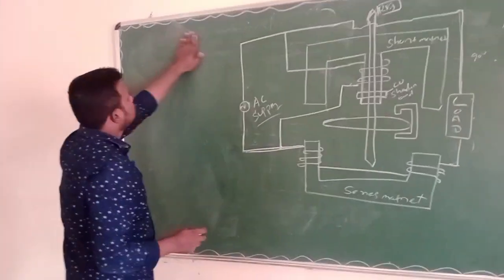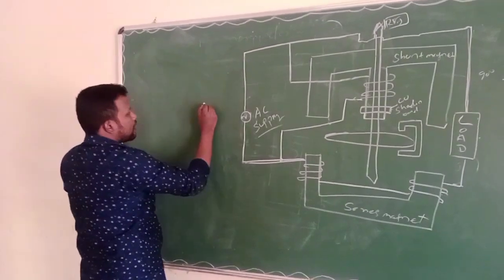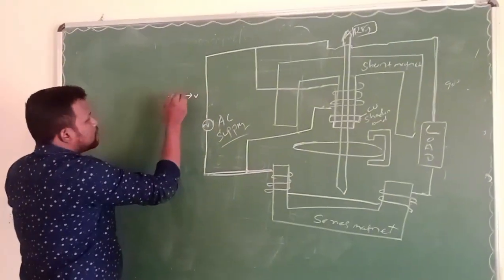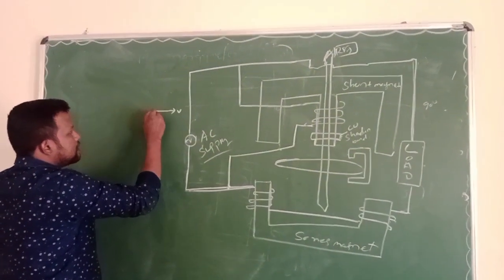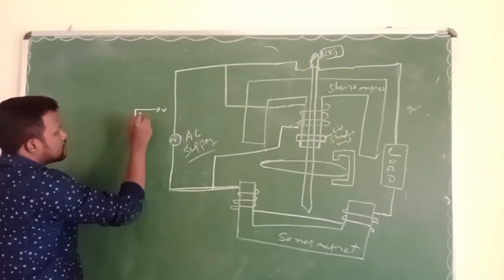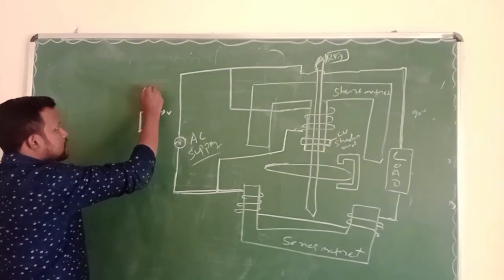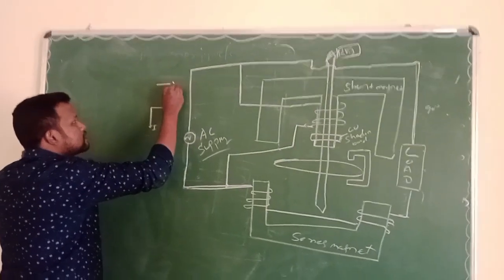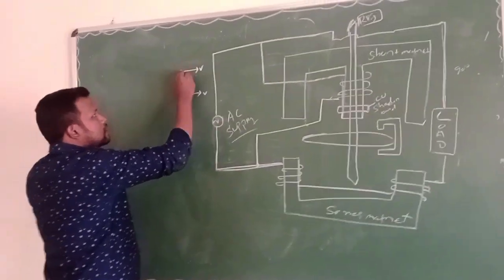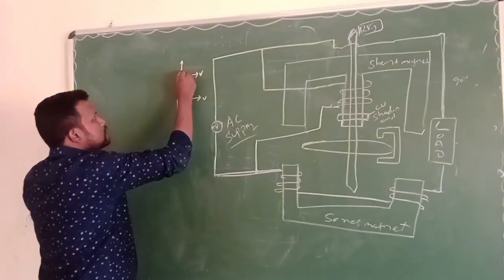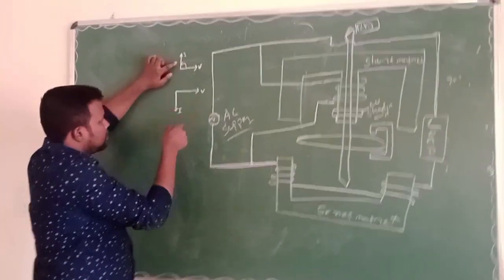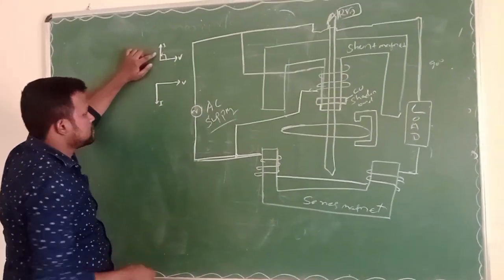First of all, we should know that in a lagging circuit, the current lags behind the voltage. But in the case of a leading circuit, the voltage lags behind the current, and the current leads the voltage. Also we should know about the resistive circuit.